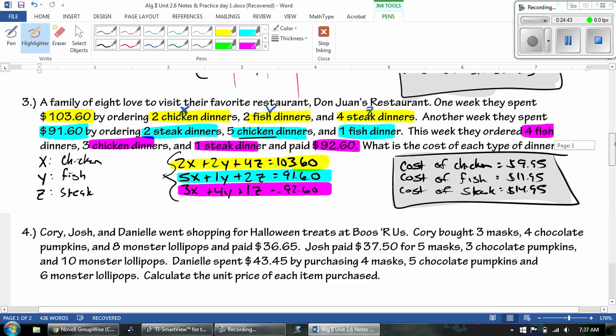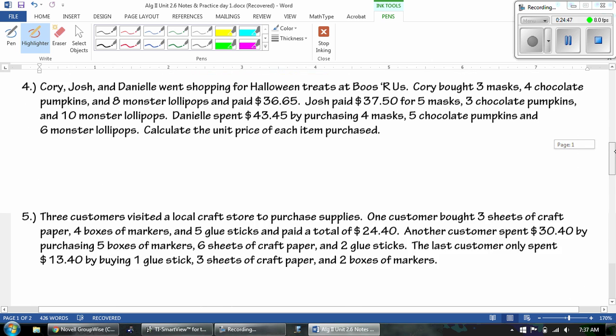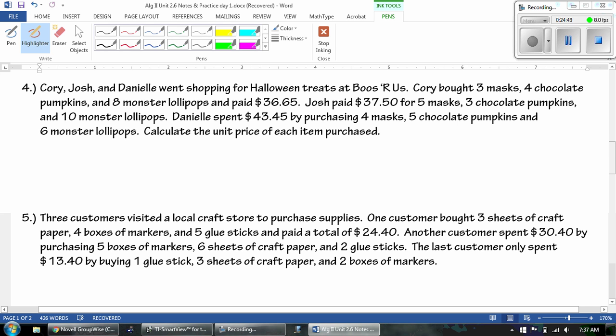Okay, so we have 2 more. I'm going to help you set up number 4, but then you're going to be on your own for solving it, and then on your own for 5. Okay. So number 4, Corey, Josh, and Daniel went shopping for Halloween treats at Booze R Us.